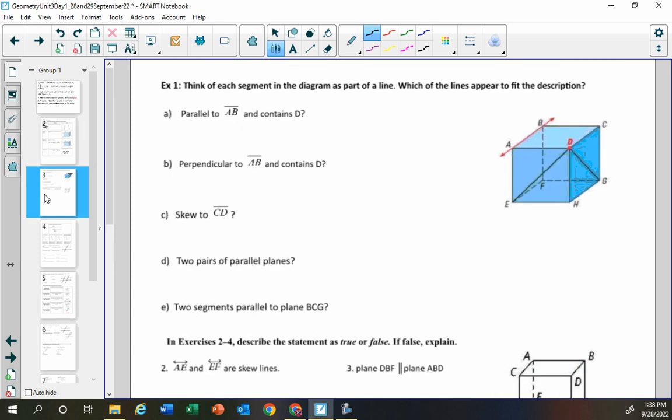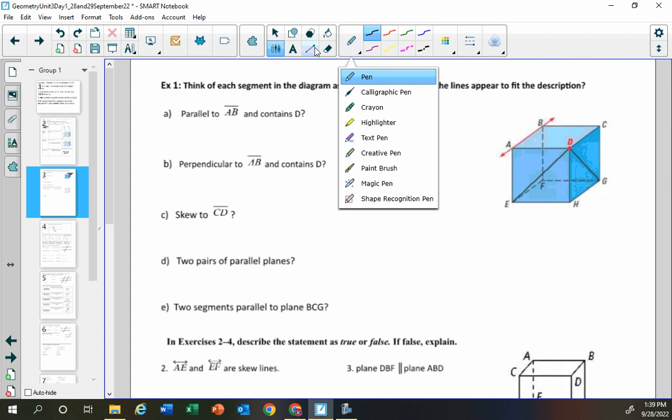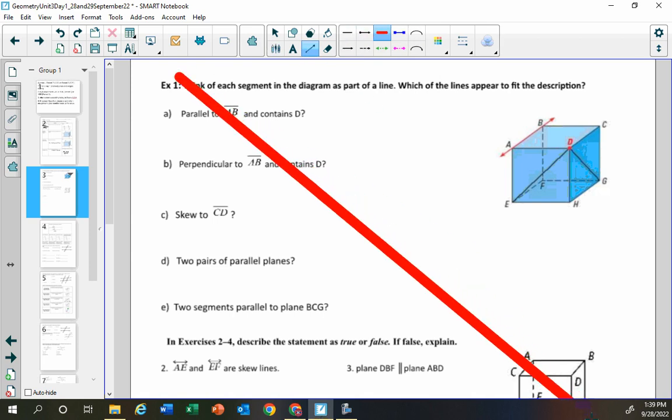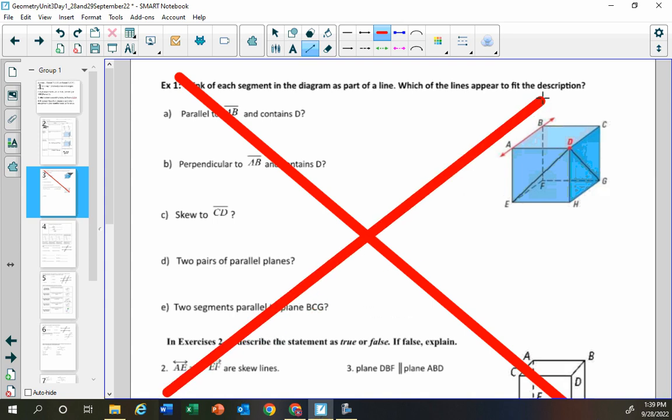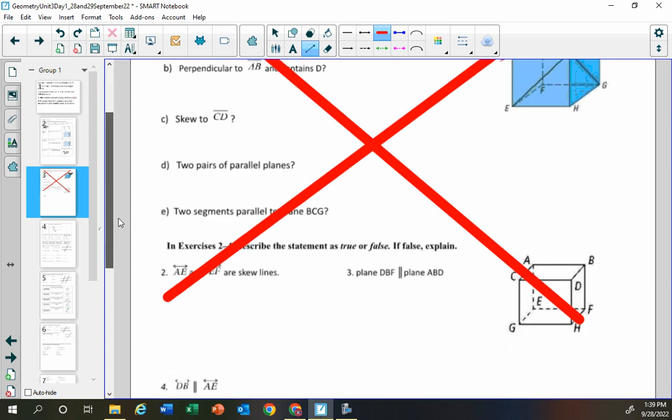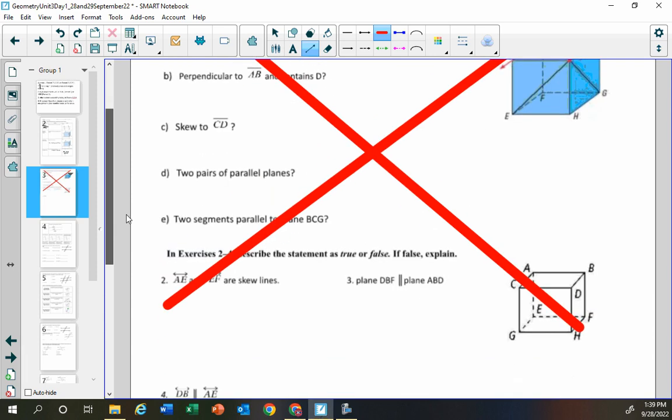Next page. Put a big fat X. We're not even going to talk about this. Put a big old X on the whole page. I'm not going to deal with that page at all.